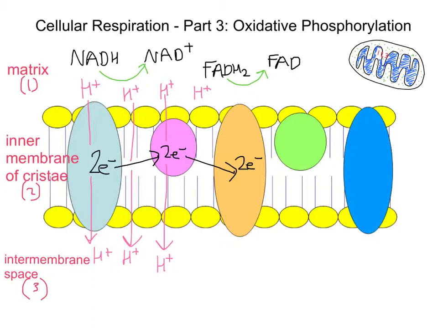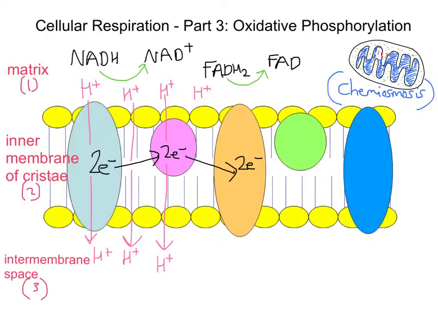I'll just make a little note at the top underneath the picture of the mitochondria here. So that term that I've just referred to is chemiosmosis: the name given to the process of ATP synthesis via electron transport and the use of concentration gradients, which we'll talk more about in a moment.